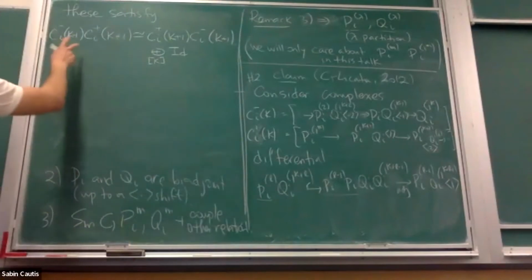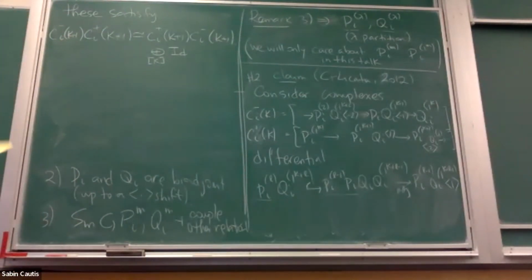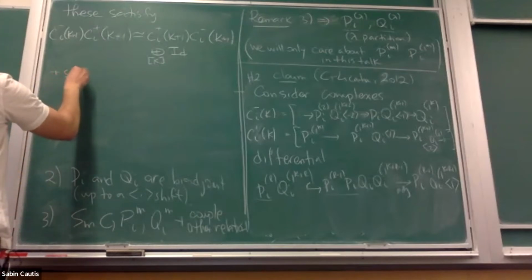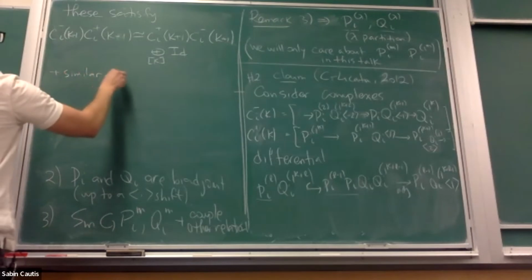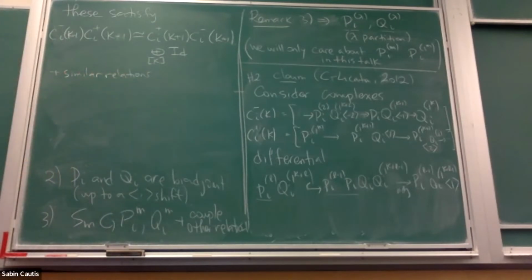You can also ask about commutators of Ci and Cj, and I can tell you, but I don't think there's any point writing them down, for two reasons. One is that they look similar to this one and I don't think I'll tell you much more.